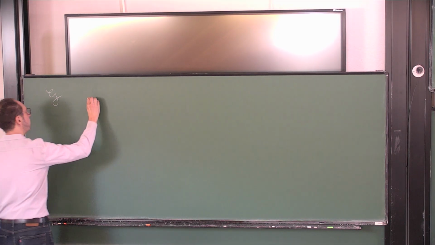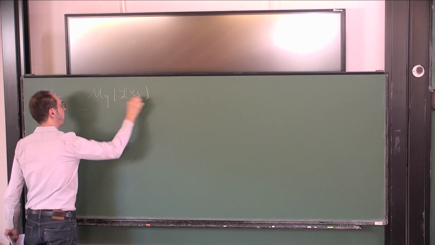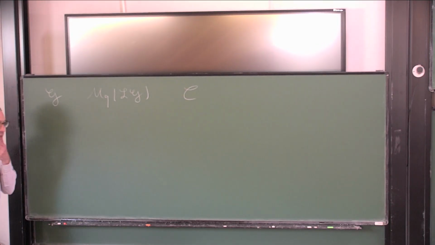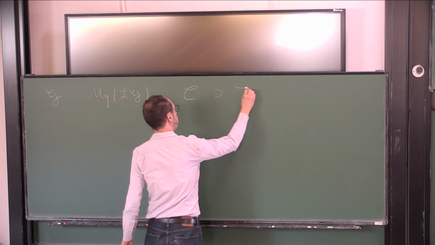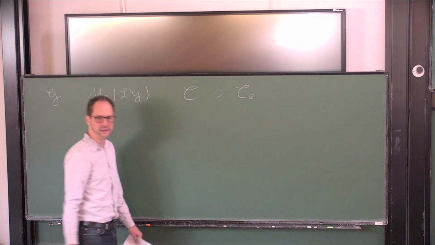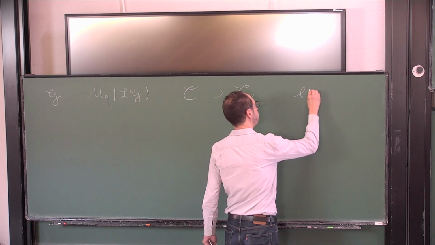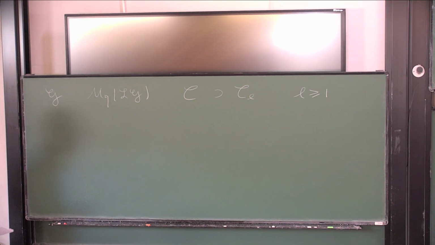And so we have C, the category of finite dimensional representations of G. We have defined some subcategory CL for L larger than 1. So let me recall how CL is defined.